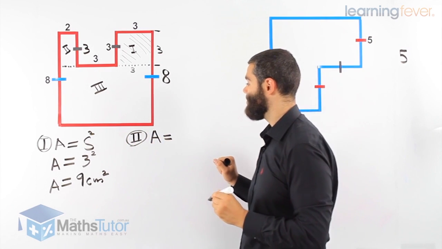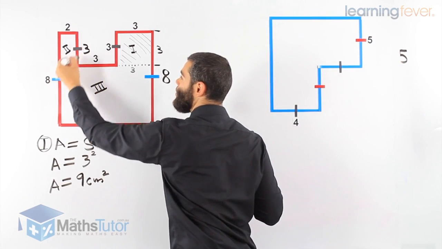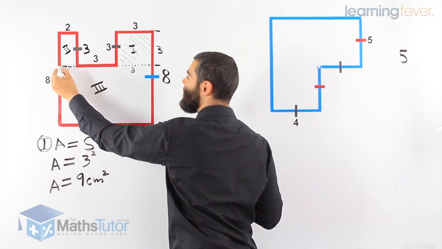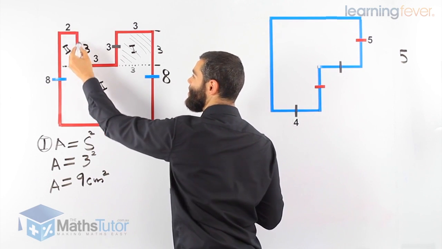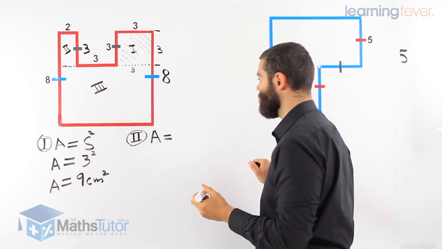Okay, let's get started with area 2. Here is the shape we're looking for. And we can tell it's a rectangle. This is 3, that's the length, and the breadth is 2.